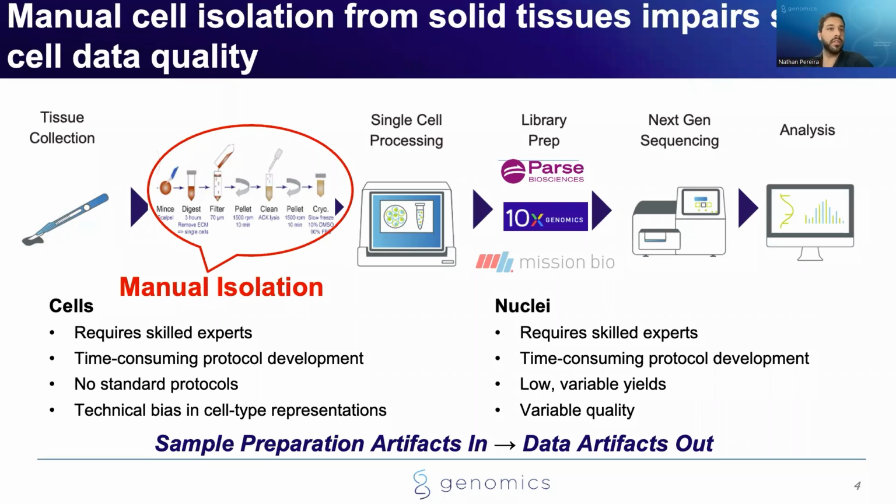So this red circle part is the last part of this single cell, single nuclei workflow that's yet to be automated, and that's what we're aiming to do. We feed into single cell processing pipelines and library prep. We've generated lots of data with various companies: Parse Biosciences, 10x Genomics, Mission Bio, Fluent, to name a few.